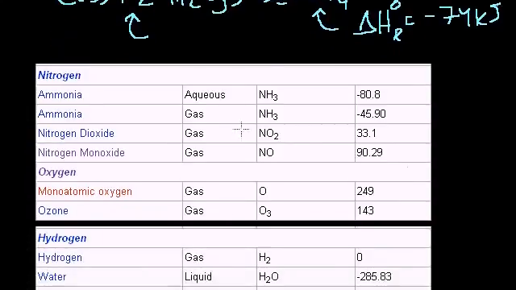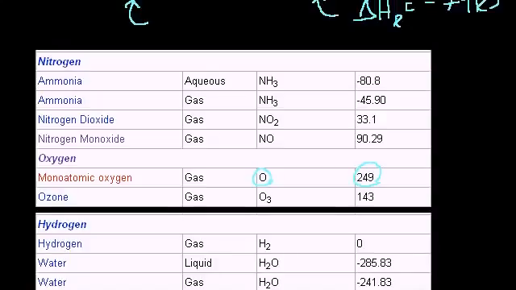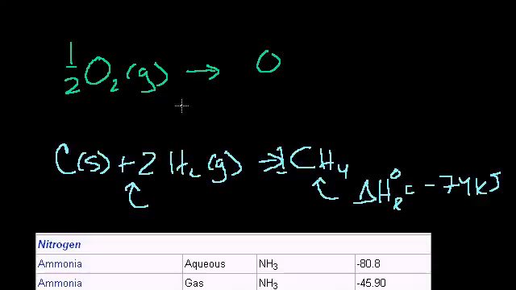Now there's a couple of interesting things here, and we'll keep using this table over the next few videos. You see here, monoatomic oxygen has a positive standard heat of formation, which means it takes energy to form it, right? If you have a reaction, let me just write it this way, 1/2 of molecular oxygen as a gas going to 1 mole of oxygen in its atomic gaseous state.